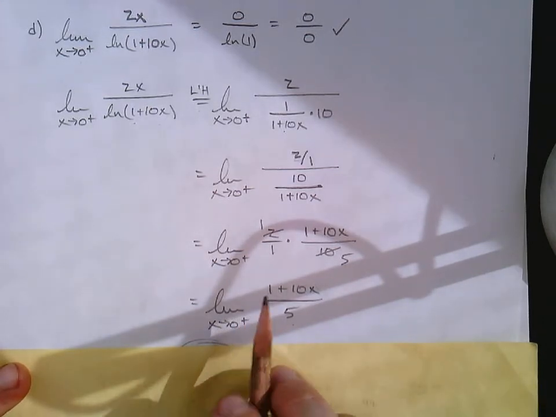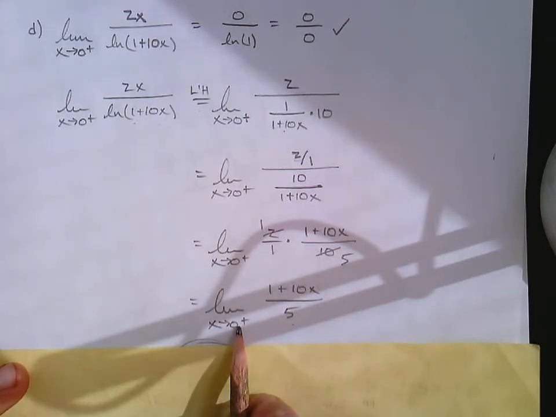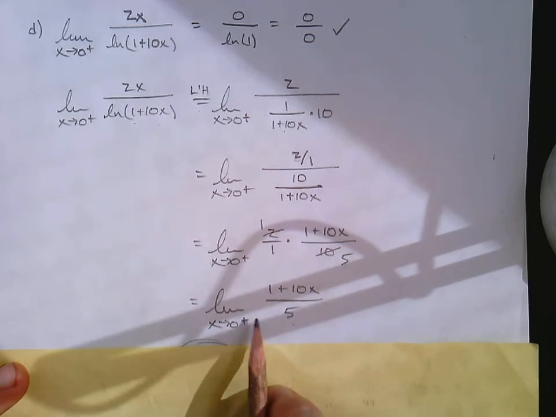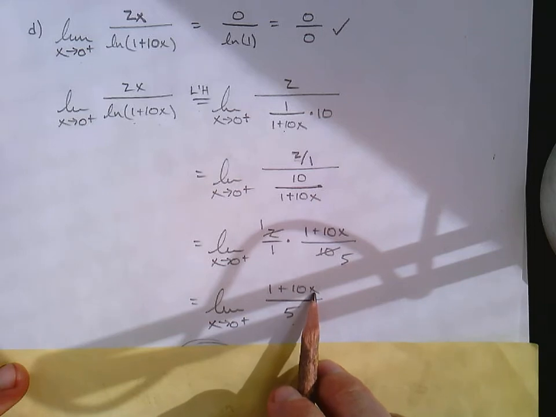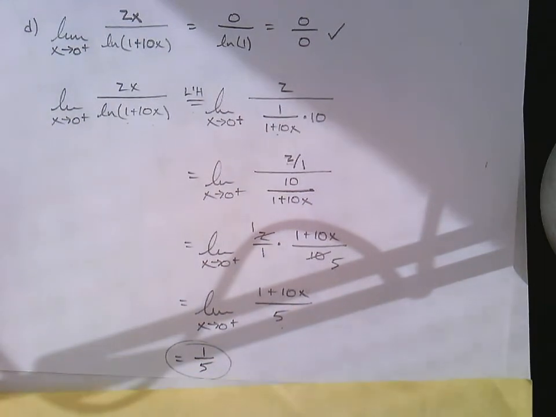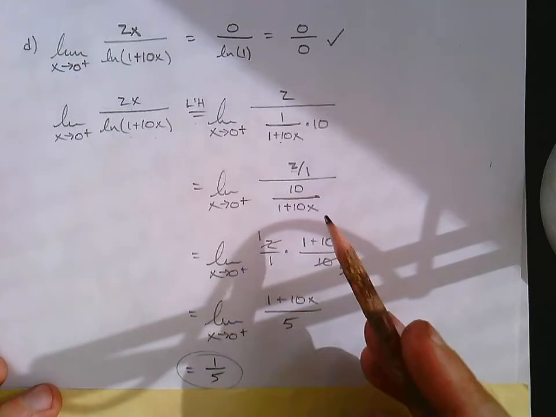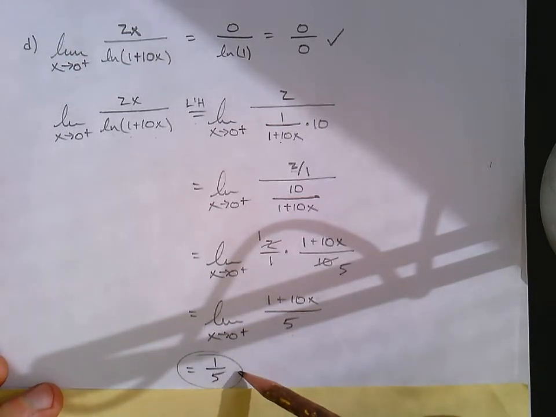Now that we have simplified, let's plug the 0 in and see if we get an answer. If we plug in x equals 0, what do we get? 1/5. Again, that is so interesting. Great, we got the answer. Hopefully the procedure makes sense. But what's up with that 1/5?